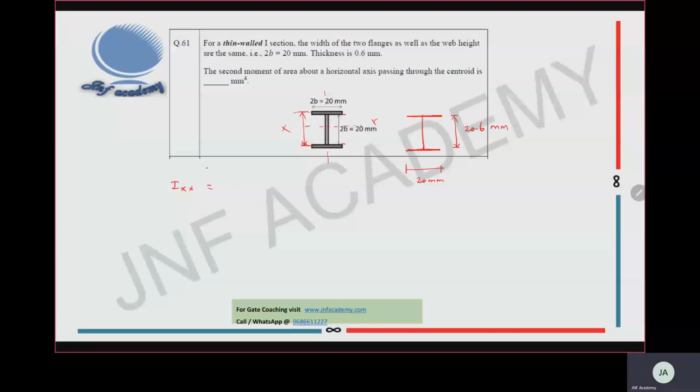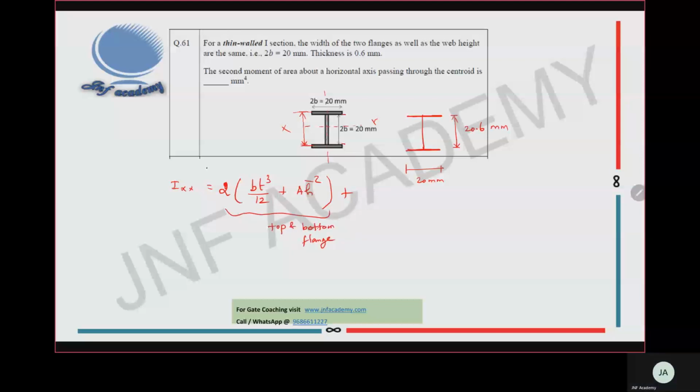Ixx is equal to, the formula is, we have top flange and bottom flange, both will be having the same value. So I'm using 2 times. The formula is bt cube by 12 plus A h bar square, this is for top and bottom flange.